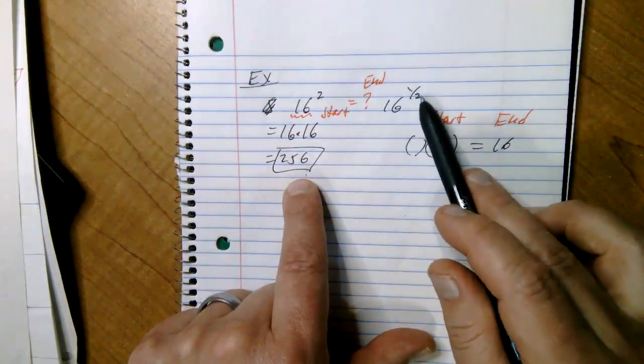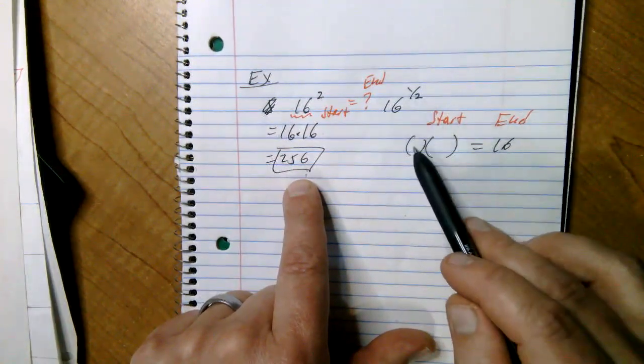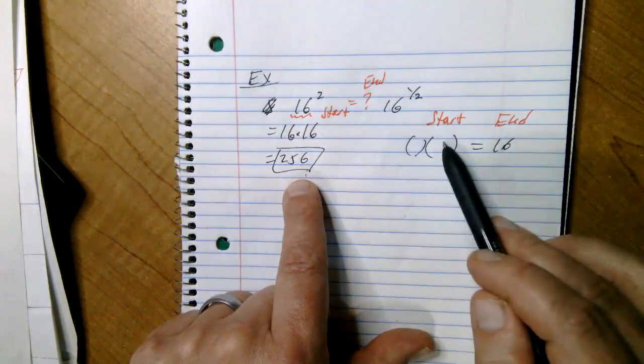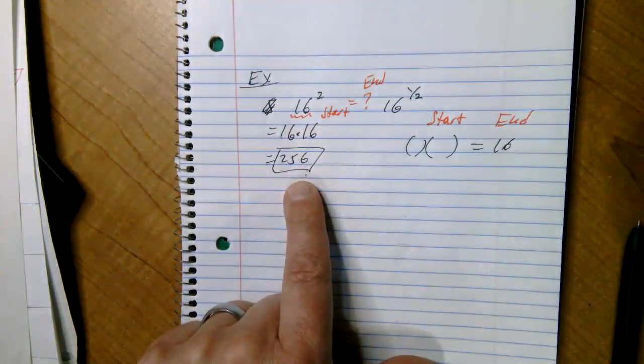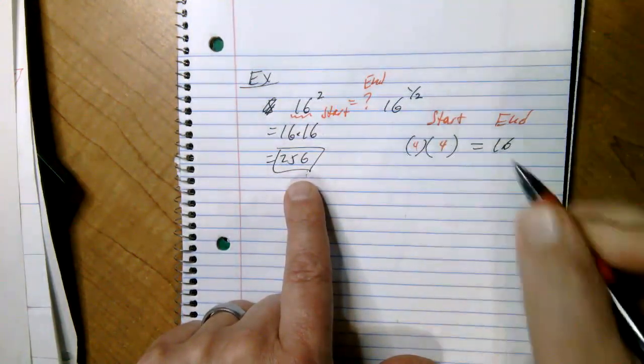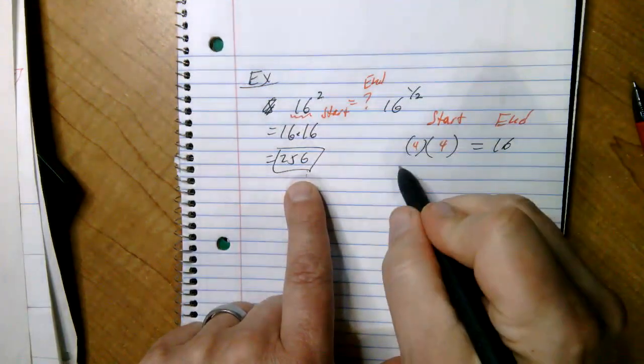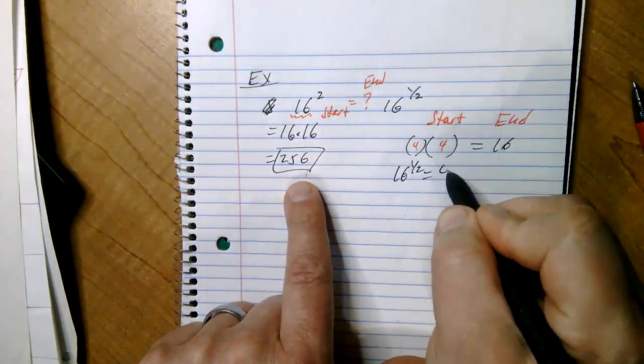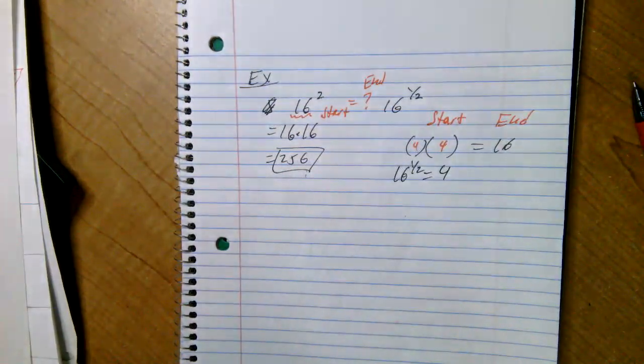So see that the denominator of 2, what this is saying is there's some number out there that I multiply by itself to give me 16, which in this case would be 4, right? 4 times 4 is 16. So 16 to the 1/2 would really be 4, right?